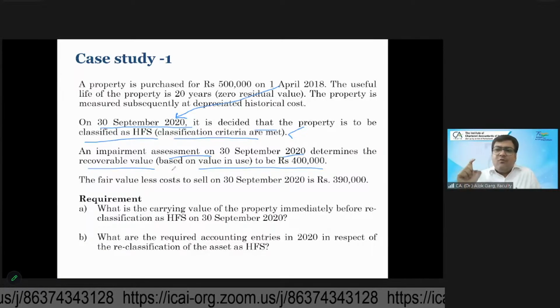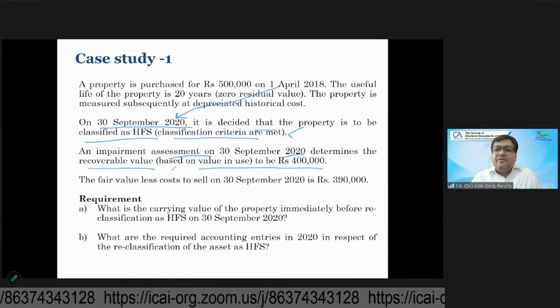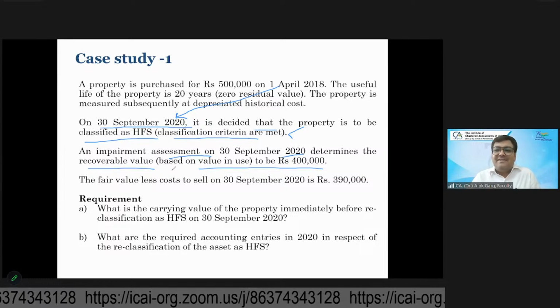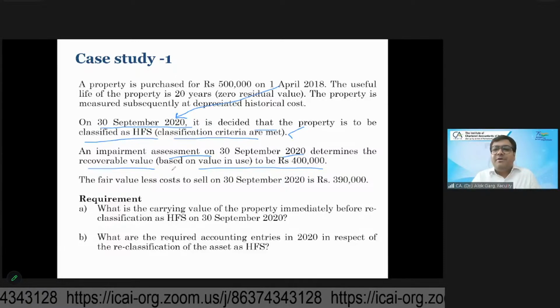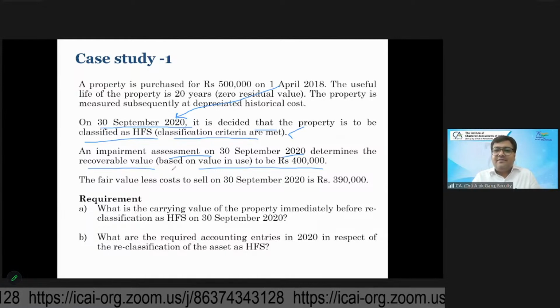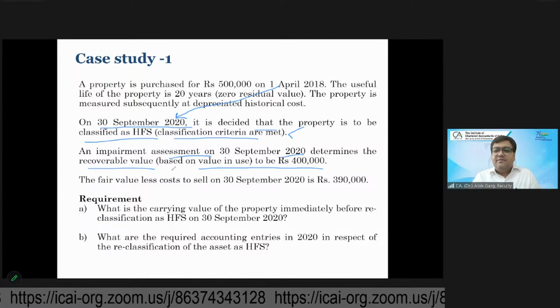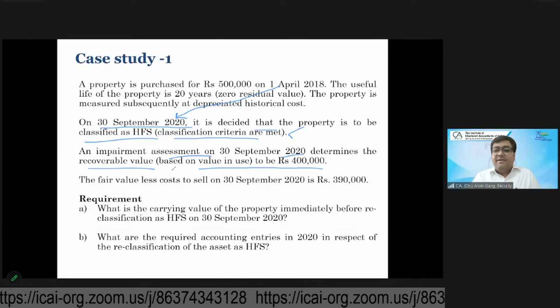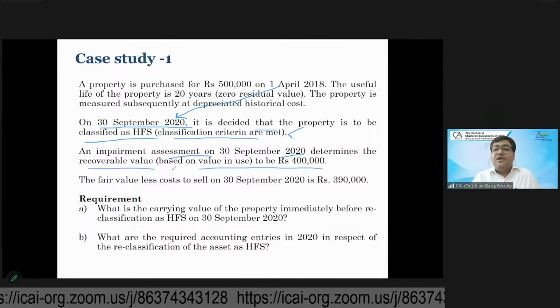Friends, what is my cost here? It is 5 lakh. What is my accumulated depreciation till 30th September 2020? It is not 52,500.